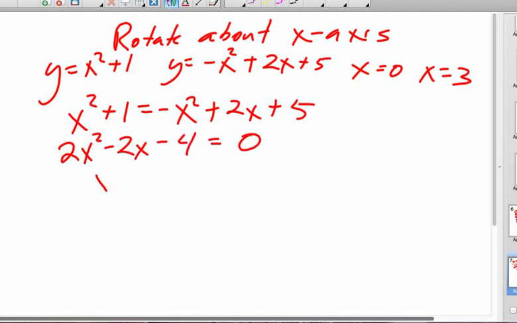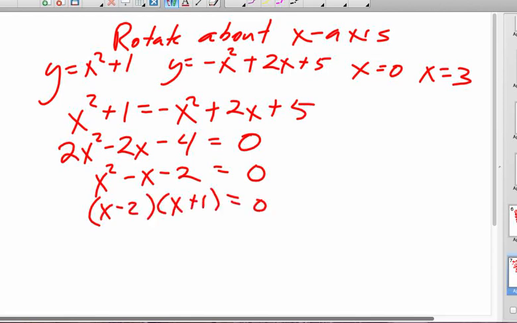Divide everything by 2. That gives me x squared minus x minus 2 equals 0. I can factor that. I get x minus 2, x plus 1, or x equals 2 and x equals negative 1. So I know my bounds are negative 1 and 2.